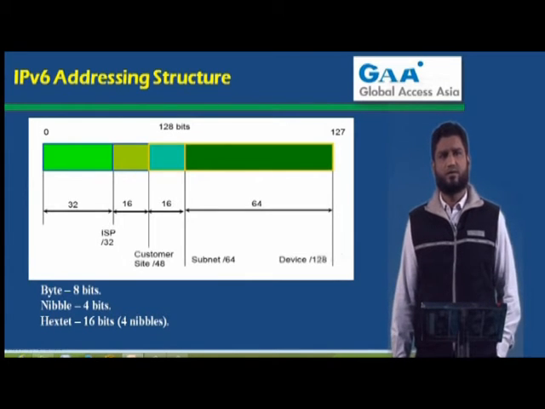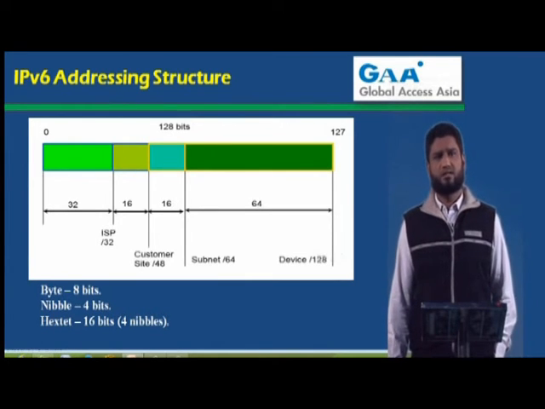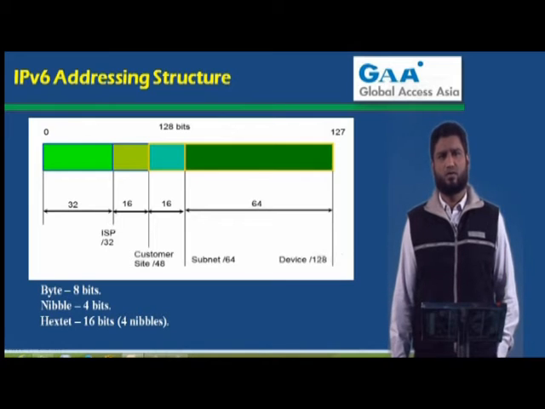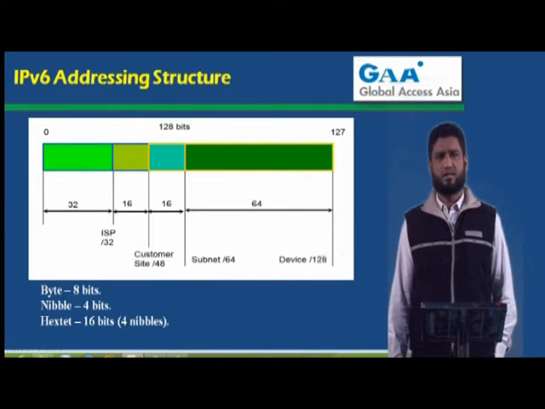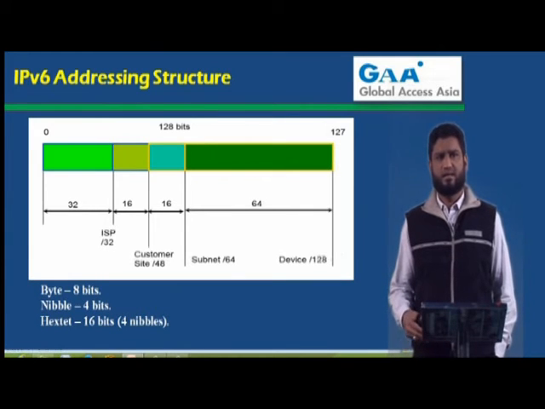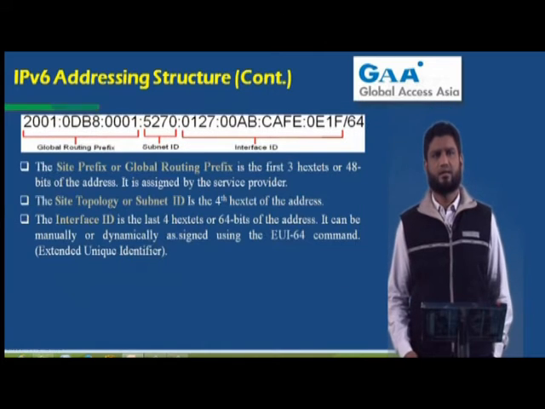From 48, another 16 bits are for subnetting, and the rest of the 64 bits are assigned for the host address for devices. You can see on the right side it is /128. A byte means 8 bits, a nibble is 4 bits, and a hextet is 16 bits.